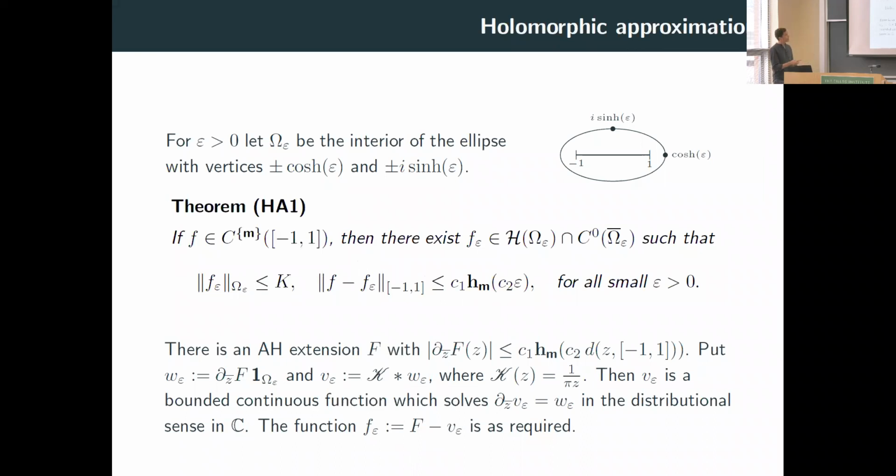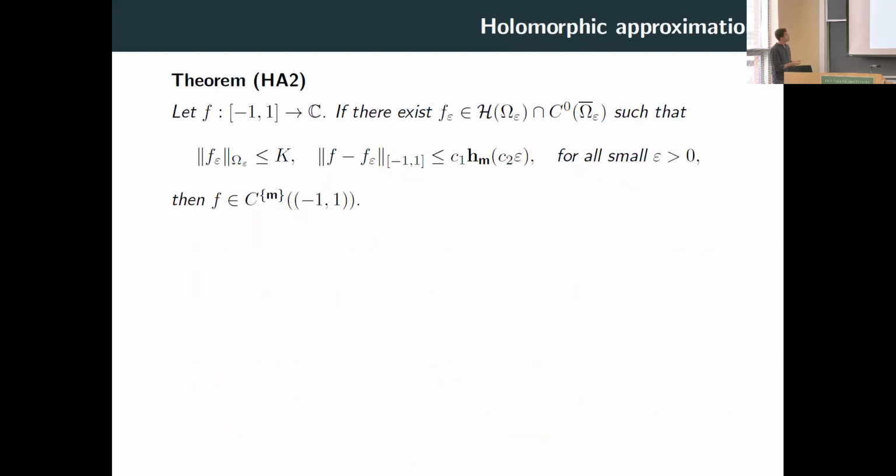Okay, so that means if we start with a Denjoy-Carleman function, we get such a holomorphic approximation, but that's not enough. We also want to come back. So to come back, we have the following.